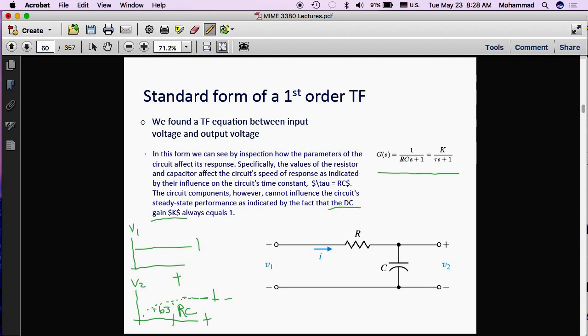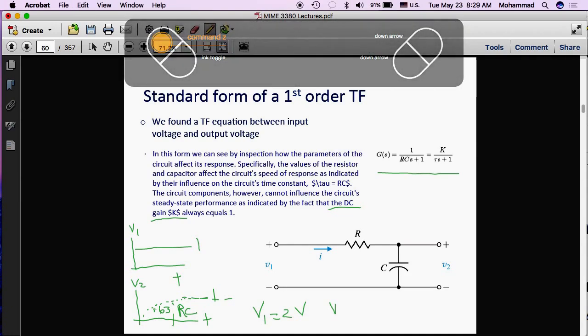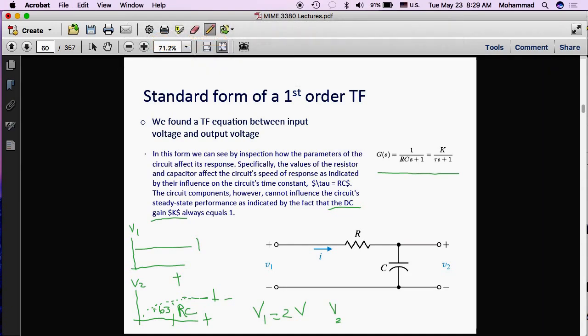Okay? So quick question for you. If you double the input, what would be the value of output at time equals RC? So if V1 is 2 volts, what is V2 at RC seconds? 1.26.